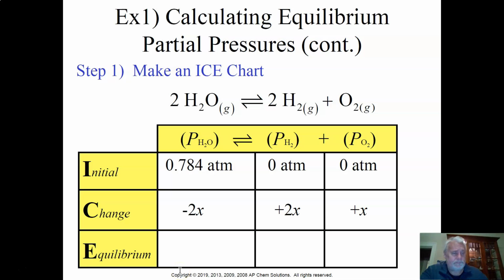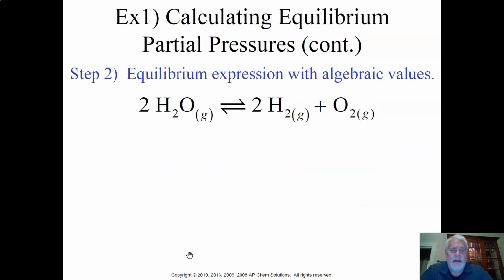And then, at equilibrium, you simply go, well, this started at this, and 2x was taken away from it. So 0.784 minus 2x, and of course 0 plus 2x is 2x, 0 plus x is x. So now you've got all the unknowns of what the equilibrium concentration will be. And we can go to the next step.